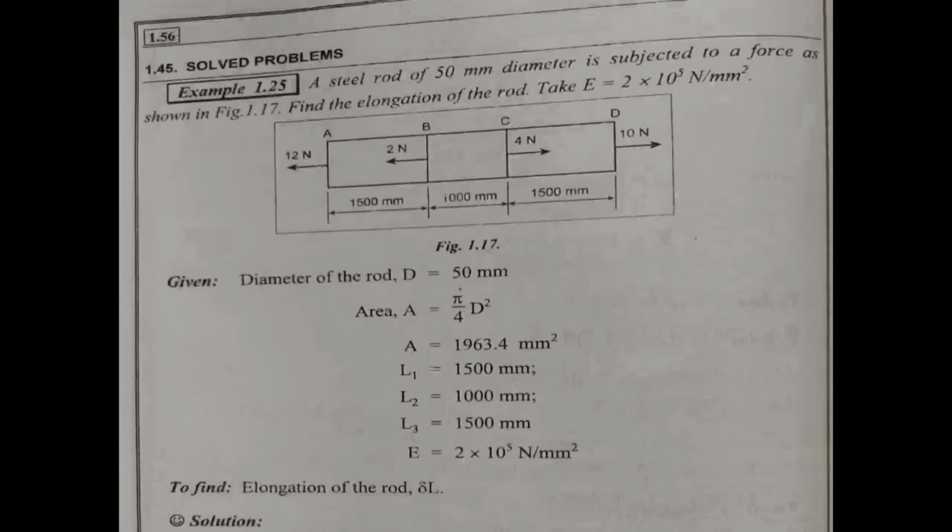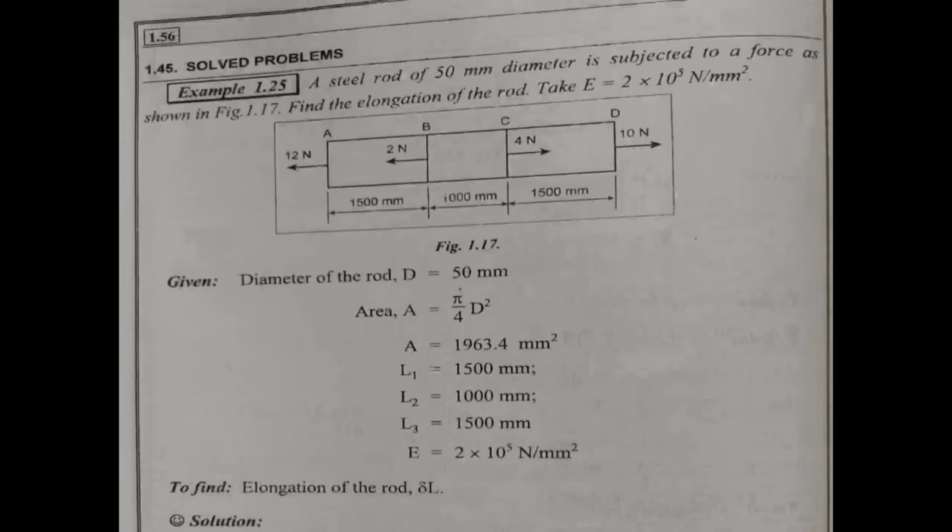Then take the third diagram, CD. Take this CD section. On the left hand side you will have three forces, 12 Newton, 2 Newton and 4 Newton.